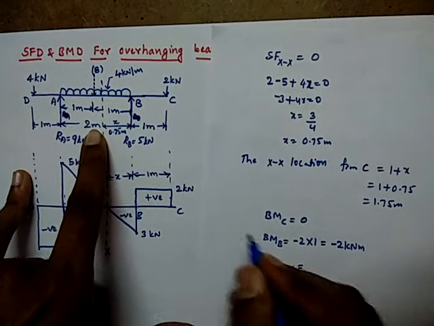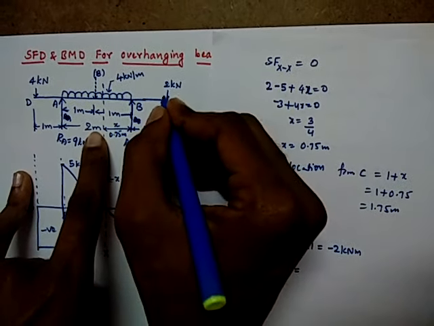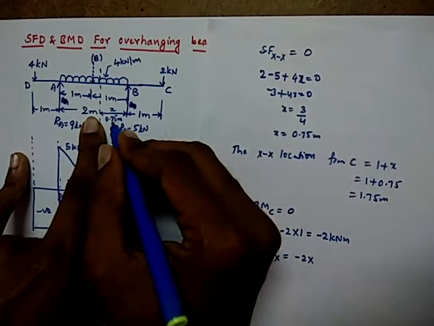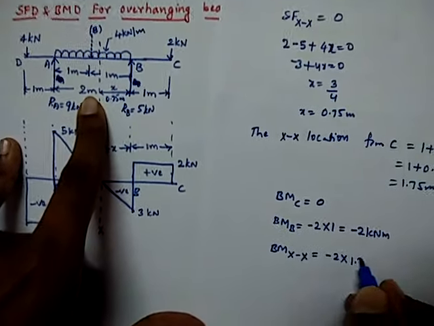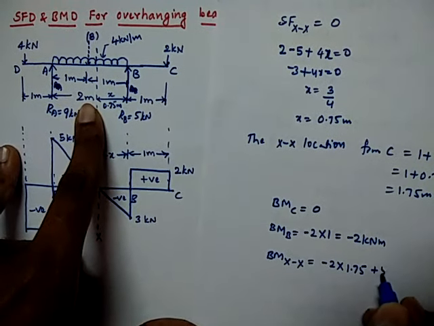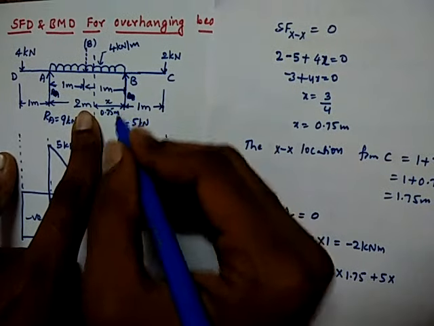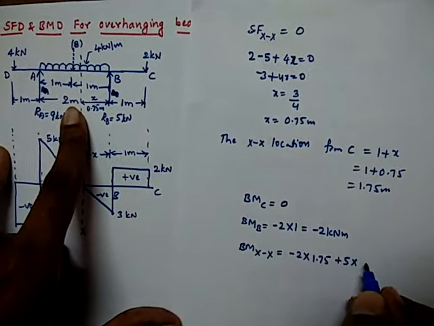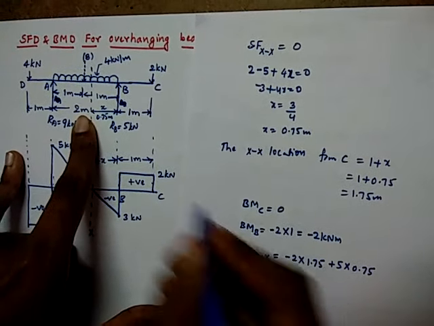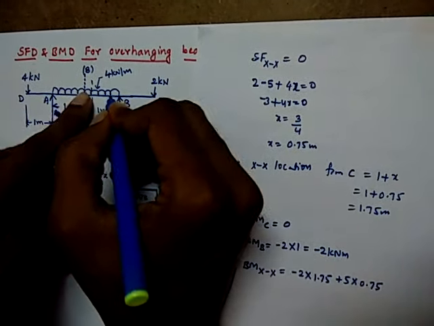So if you find out bending moment at XX, it will create negative, so minus 2 into 1 plus 0.75, which is 1.75, and it is positive, so plus 5 into 0.75 here. And this UDL we have to replace.